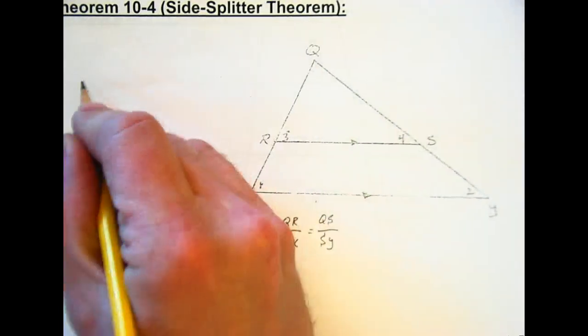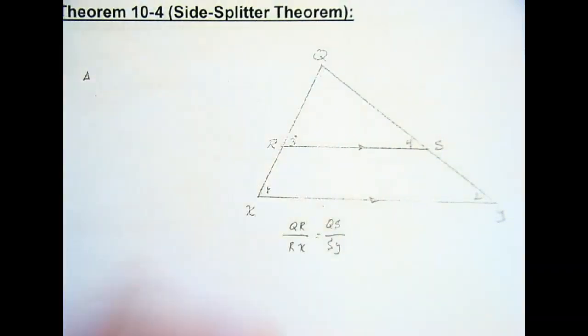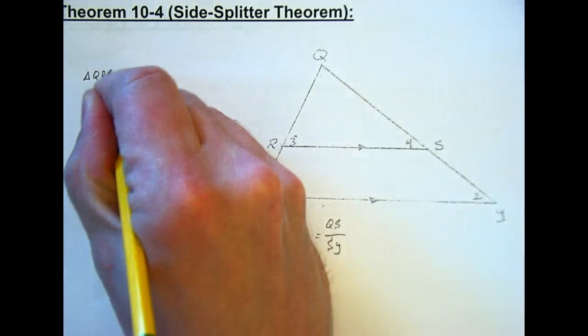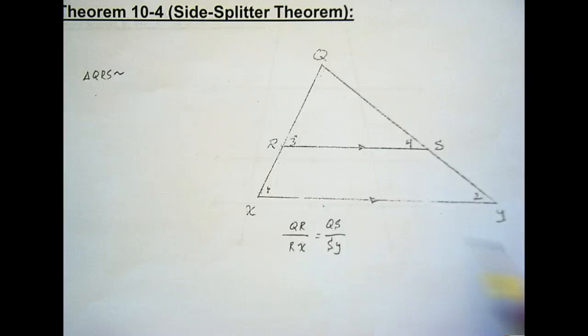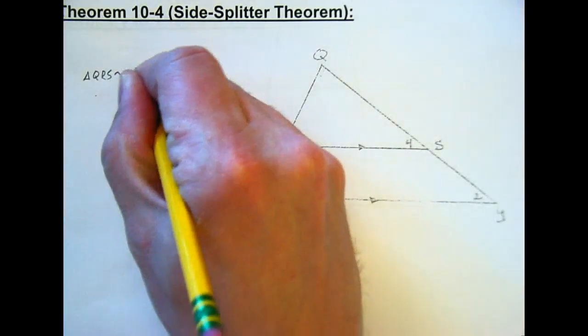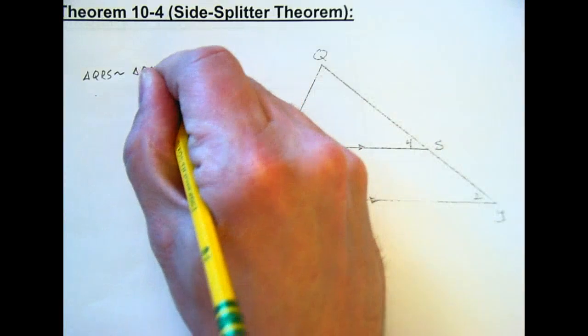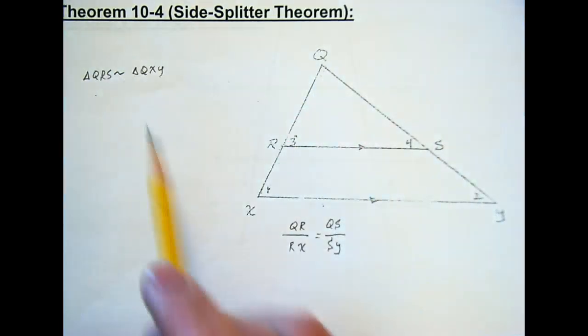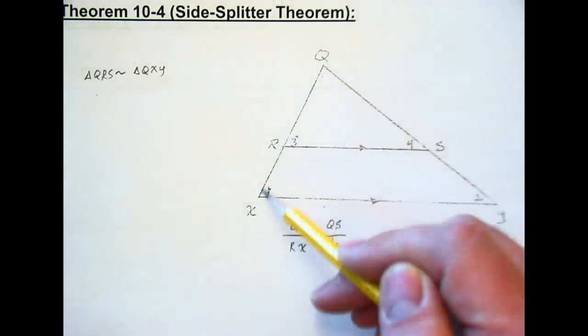So we can say triangle QRS is similar to triangle, maybe, QXY, thank you.